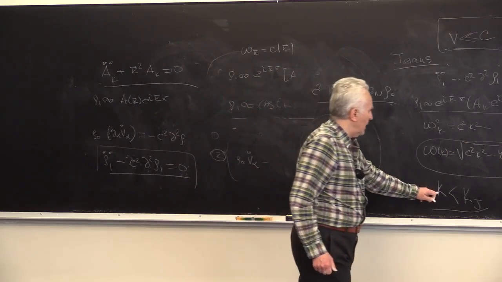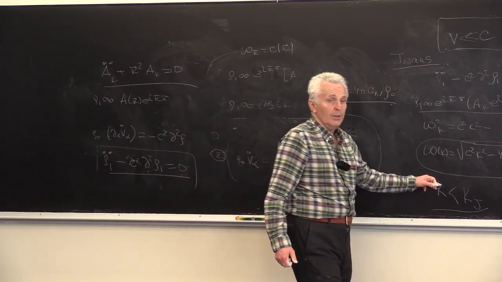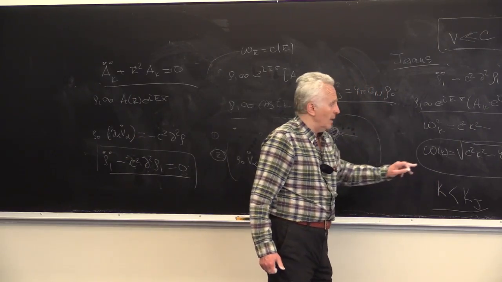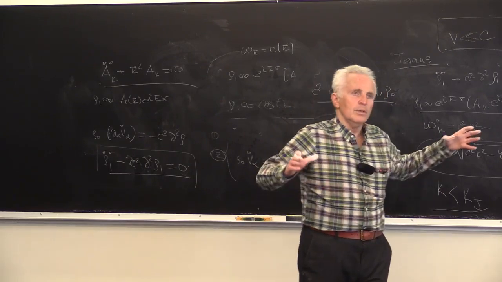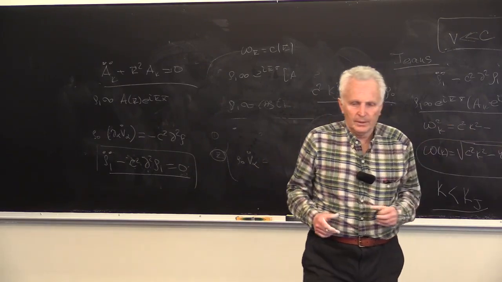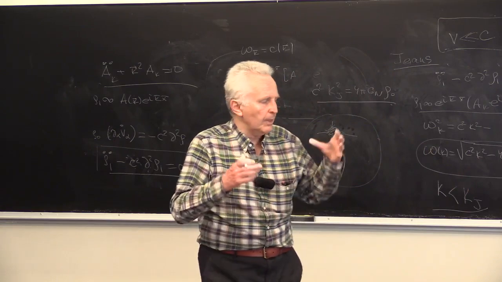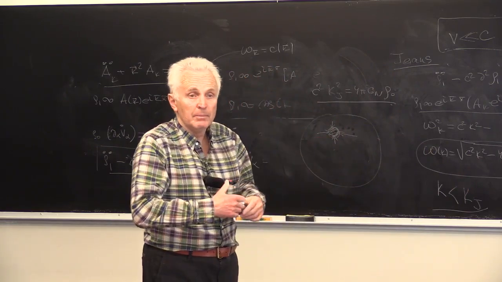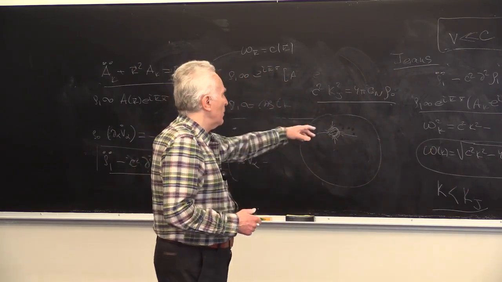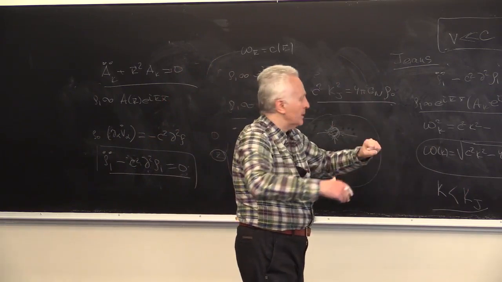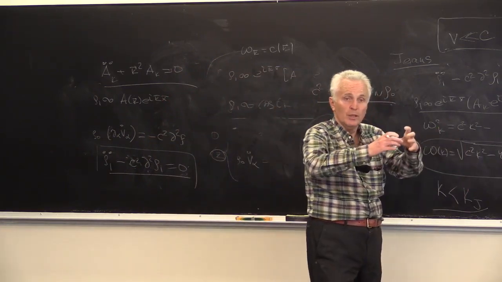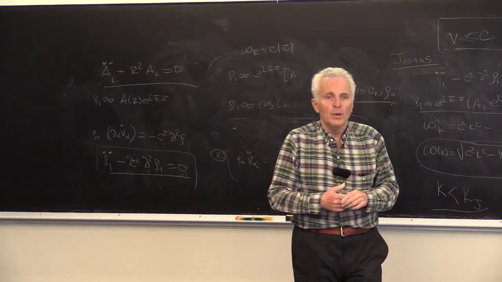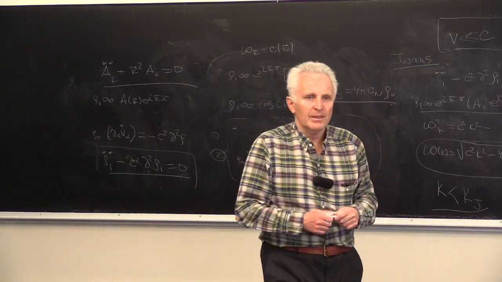But in fact, k is the inverse size of the fluctuation, and this formula tells you that it's only big enough fluctuations which start to collapse. So what we are talking about here is gravitational collapse, but not everything collapses. If k is greater than k_J, which means a smaller size, it doesn't collapse. What prevents the collapse?